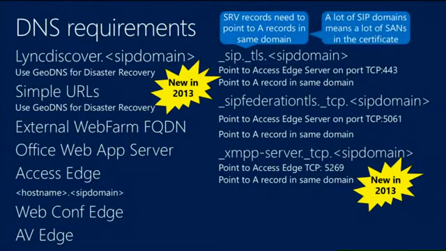That also means if I have a lot of SIP domains, I will end up with a lot of SRV records and a lot of A records, and all of these A records need to be in my certificate. So if you decide, well, I have 250 SMTP domains, and I want my users to have the same SIP address as email address, then you might have a problem. It's much better, much easier if you simplify that down to about 10 maybe.